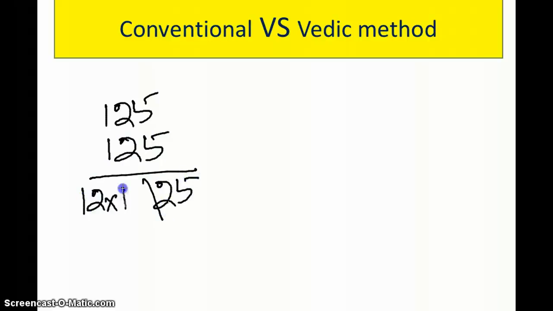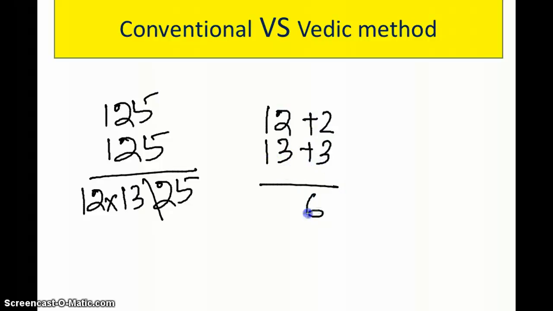So however much time it takes to multiply 12 into 13, that much time it will take. Applying our previous technique, this is 2 more than 10, this is 3 more than 10, 3 twos are 6, 12 plus 3 is equal to 15. So 156, and the answer is 15625.